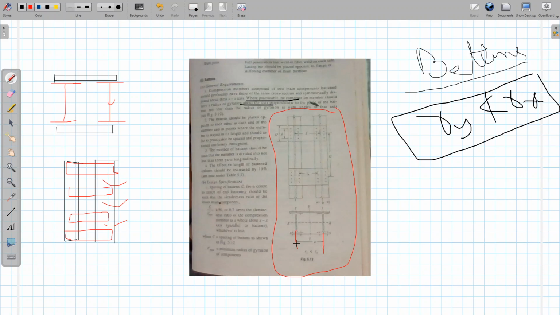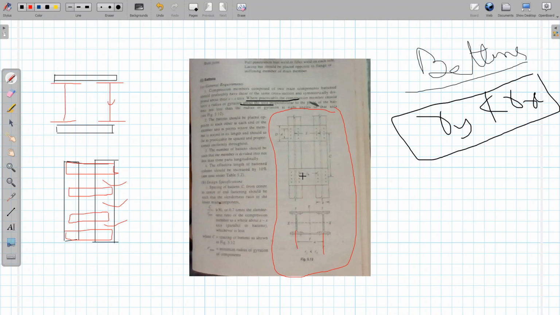It is basically the CG of the individual column members: this is the CG of this I section in the y direction, and this is the CG of the other I section in the y direction. Their center to center distance is given as A.